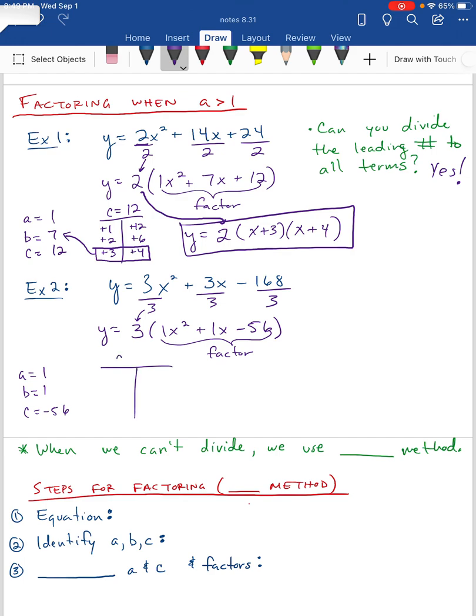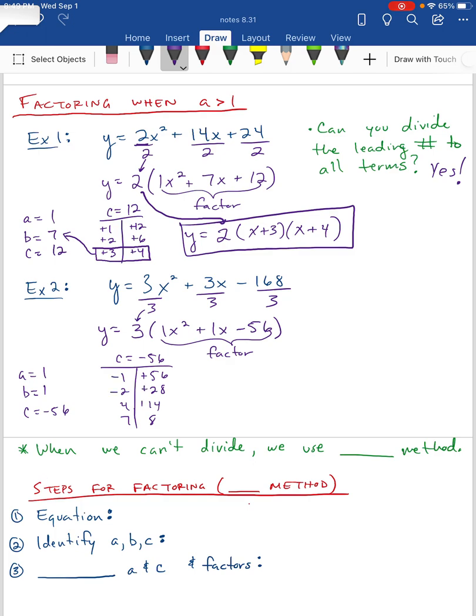Create my t-chart, where negative 56 is my c term, and write down the factors of 56. So I have 1 and 56, 2 and 28, 4 and 14, and 7 and 8. Here C is negative and B is positive, so that means my bigger number has to be positive.